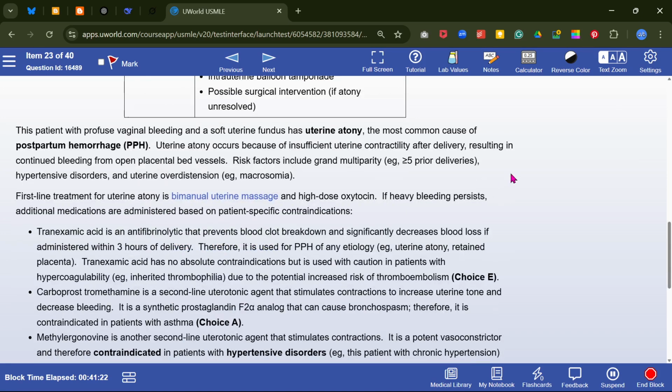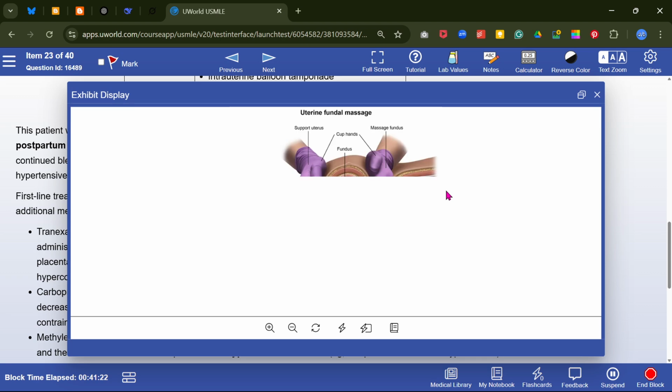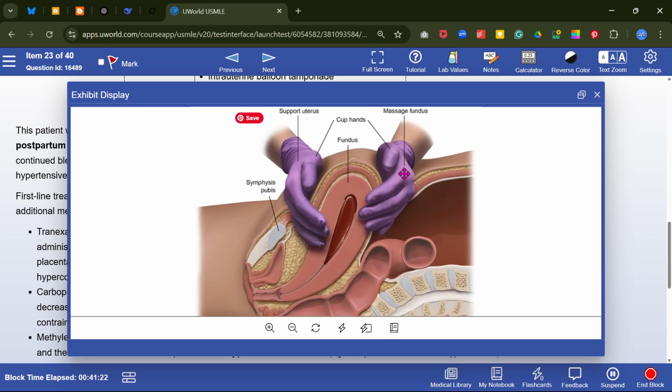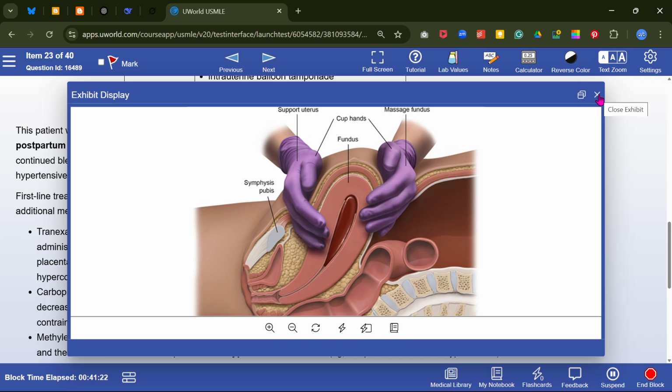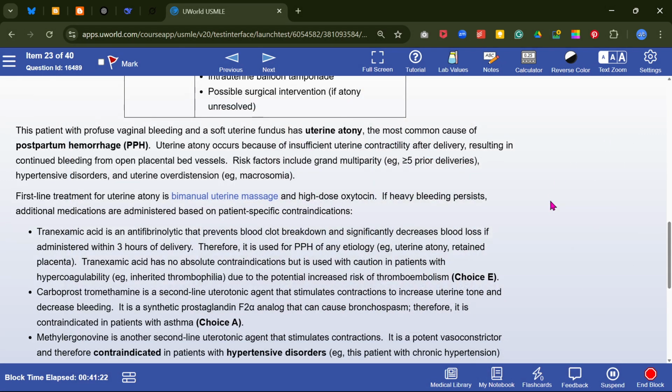First line treatment for uterine atony is bimanual uterine massage and high dose oxytocin. If heavy vaginal bleeding persists, additional medications are administered based on patient specific contraindications.